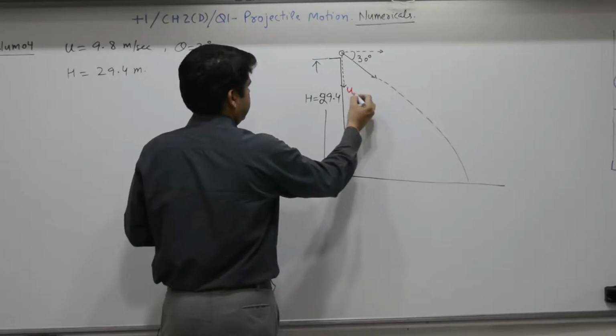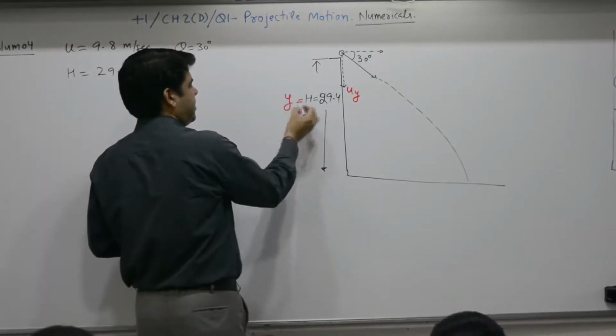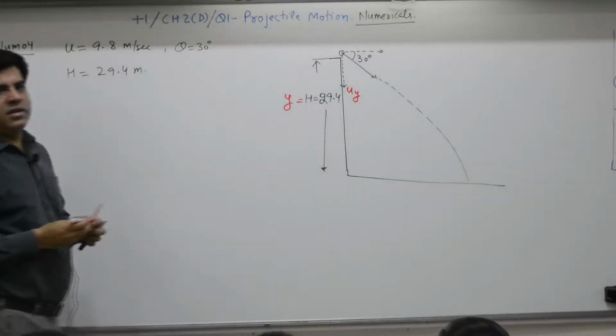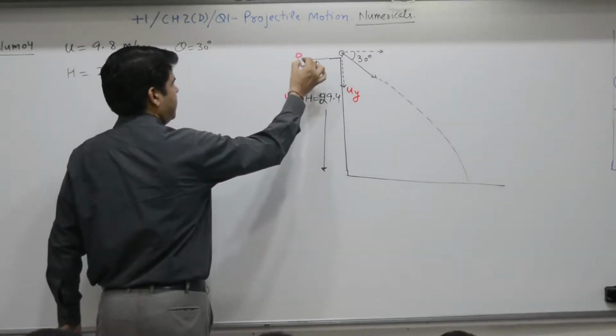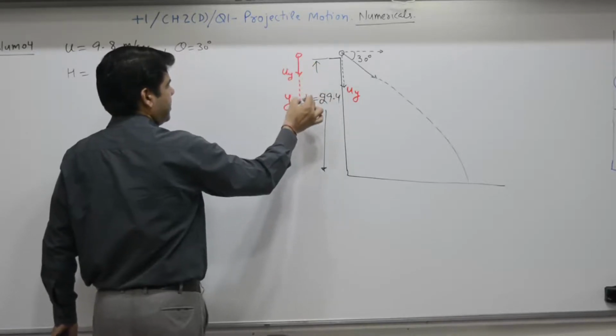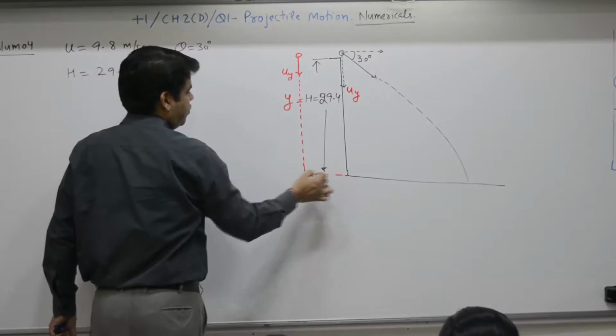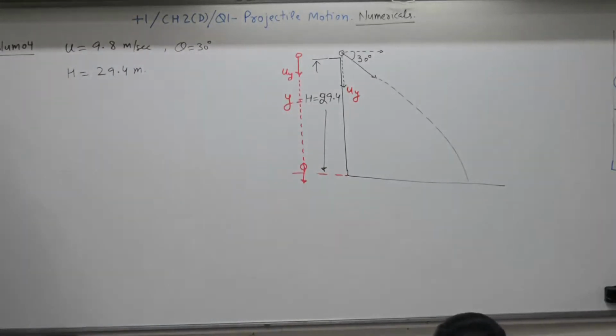Uy, this is y or h. If you think of a particle fired vertically downward with the velocity uy, it will hit the floor after how much time? Apply along y axis.